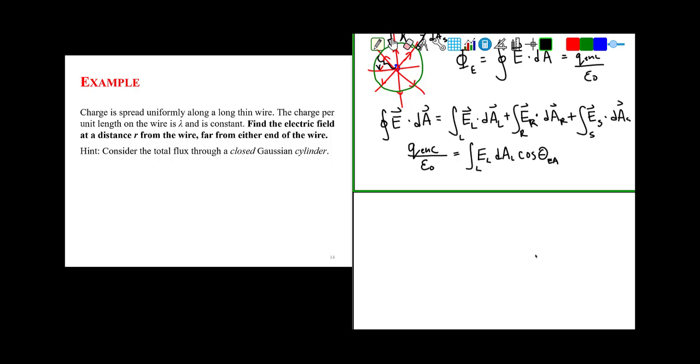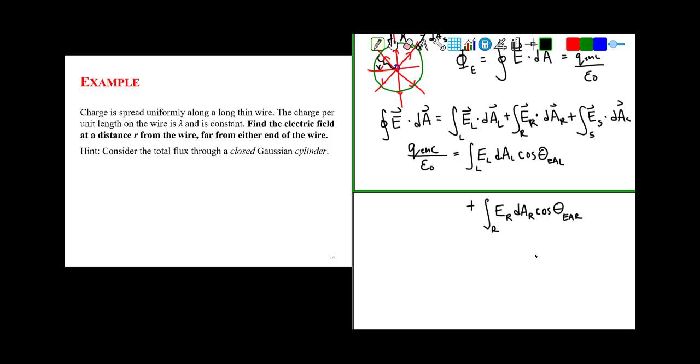Let's add this to the electric flux for the right cap. So that is the integral of the magnitude of the electric field for the right cap times the surface area differential for the right cap times the cosine of the angle between the electric field and the area for the right cap.